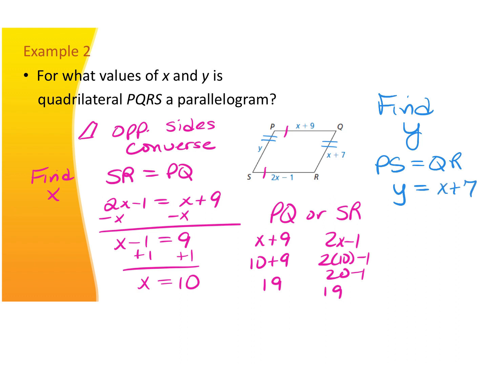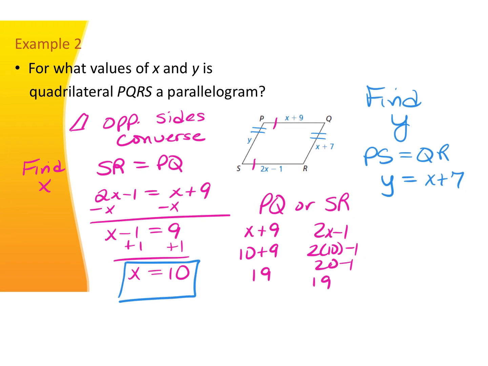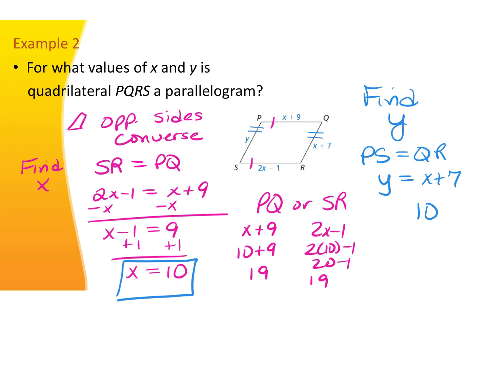Now, you're going to say, oh no, I've got two different variables. But if you remember, we just found x. So I'm going to use that value and plug in a 10 for x. And y equals 17.